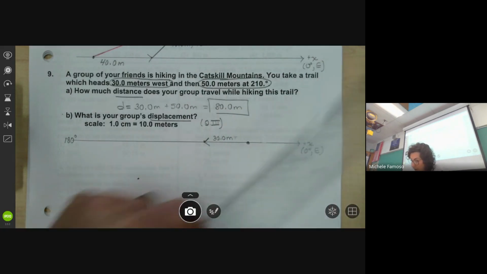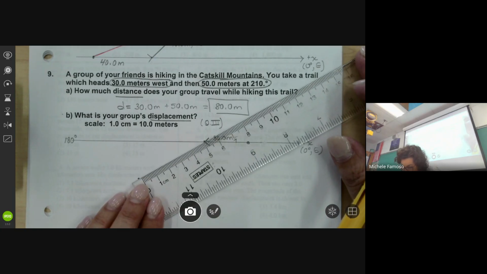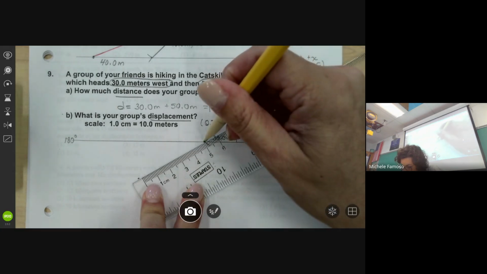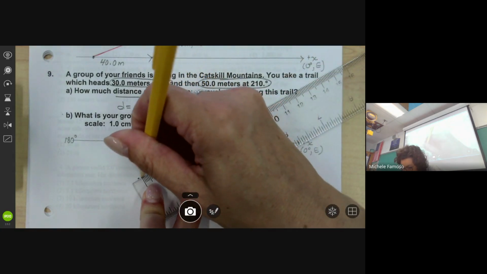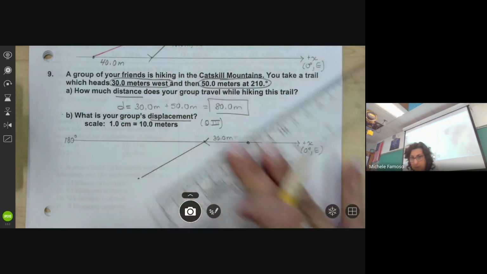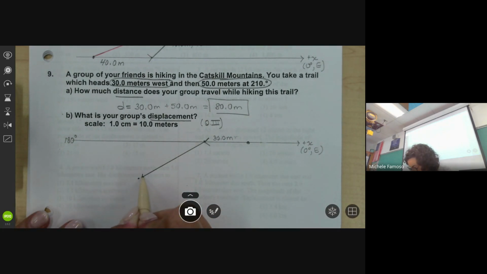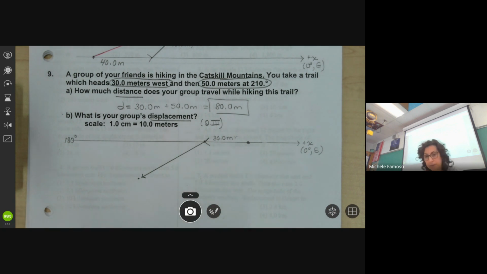Okay, so from here to where we start needs to be 5. Add my little arrowhead pointing down and left.